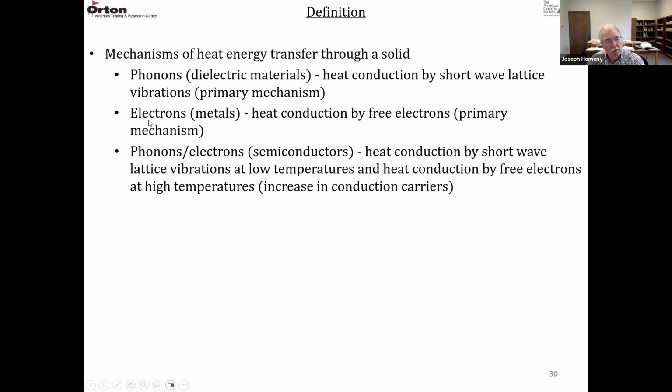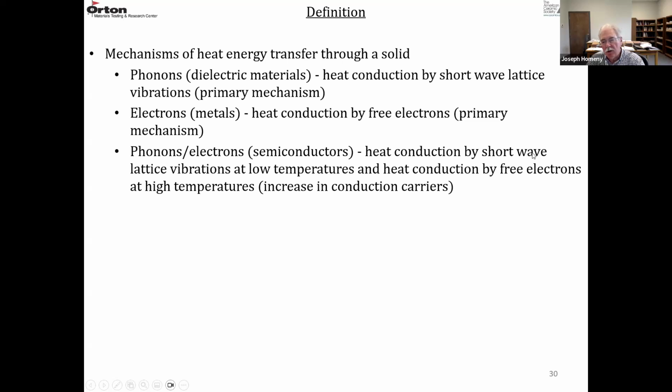In a metal, we have electrons. So heat conduction by free electrons is the primary mechanism in a metal. If you have a semiconductor, there are a few refractory materials that are semiconductors, you have a combination of phonons and electrons that are responsible for the heat conduction.